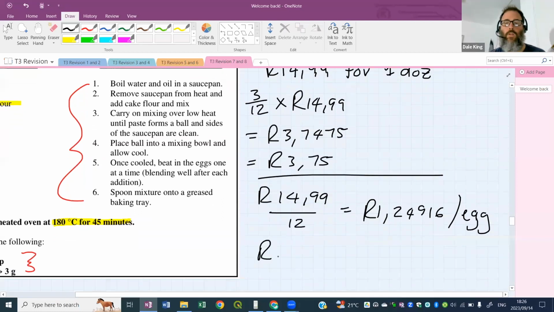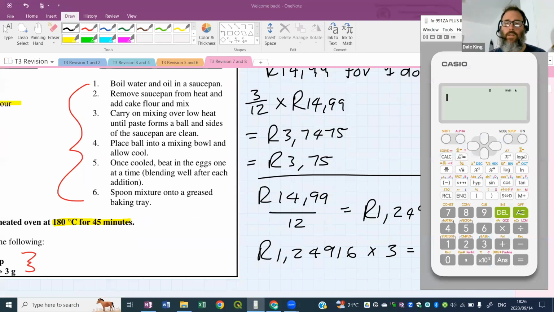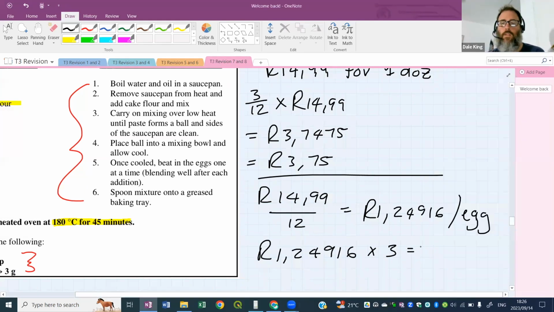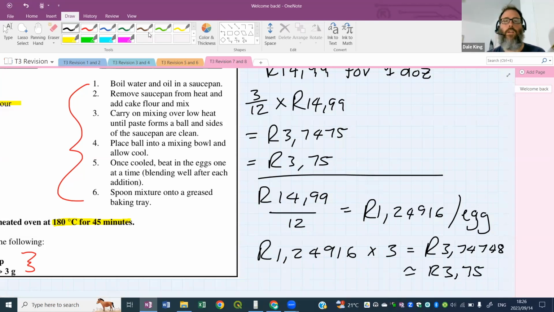Well, I can just take this 1.24916 and multiply it by 3. Let's see what we get. 1.24916 times 3 is 3.74748, which rounds up to 3.75. There we go. So both of those methods can work.